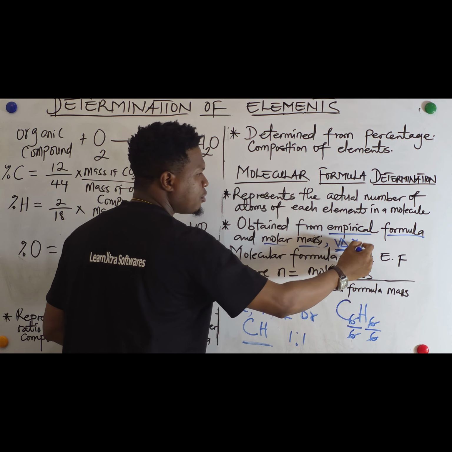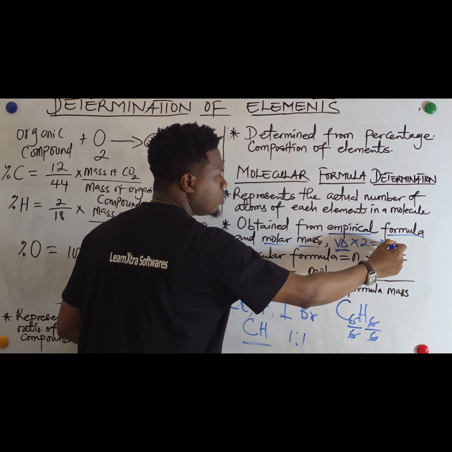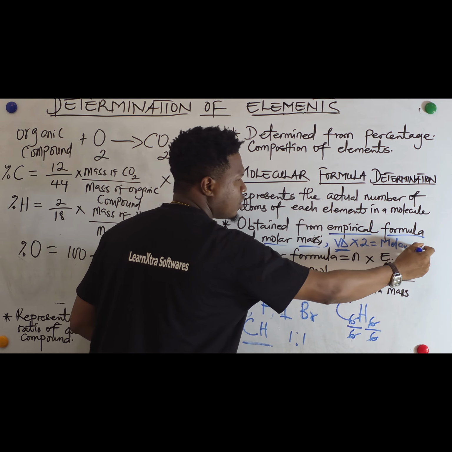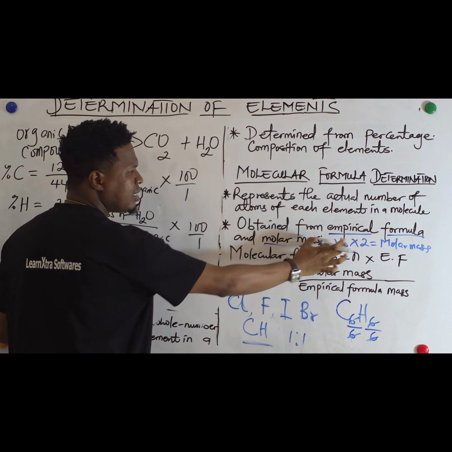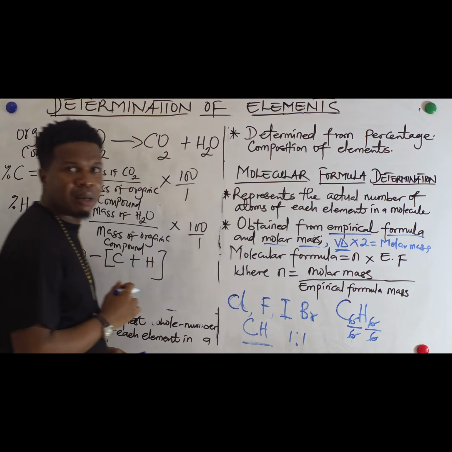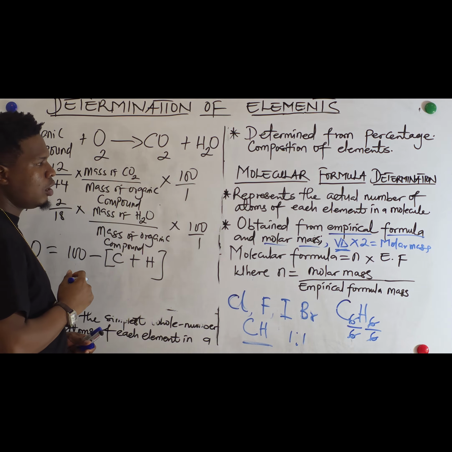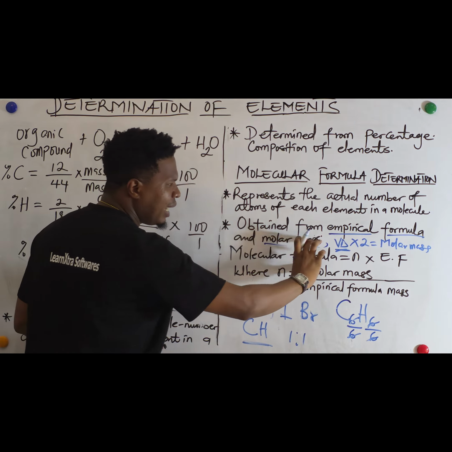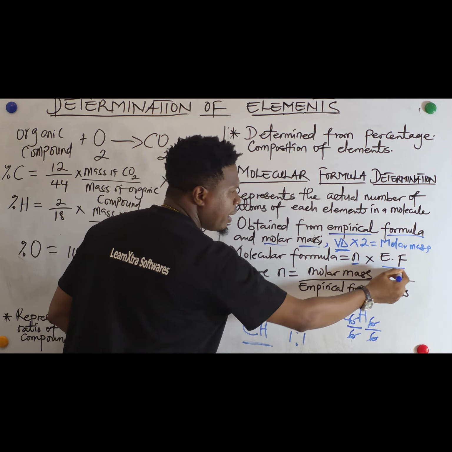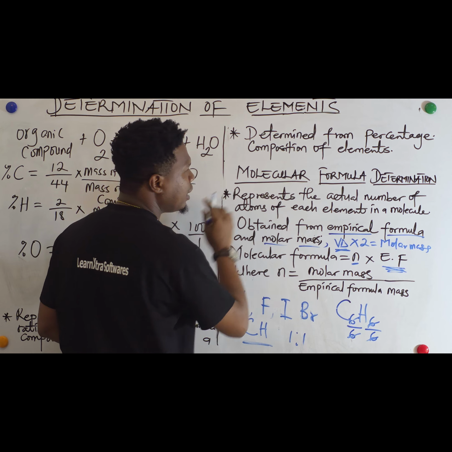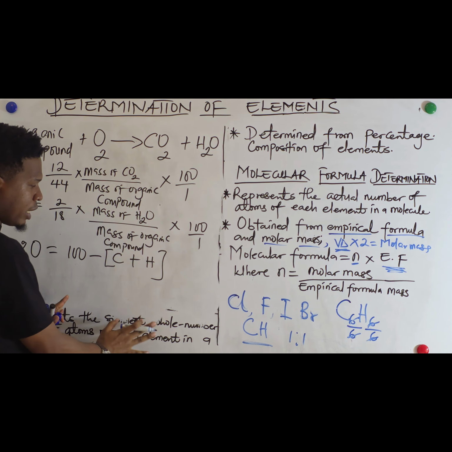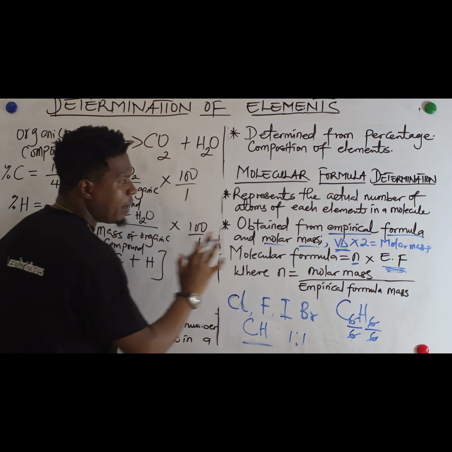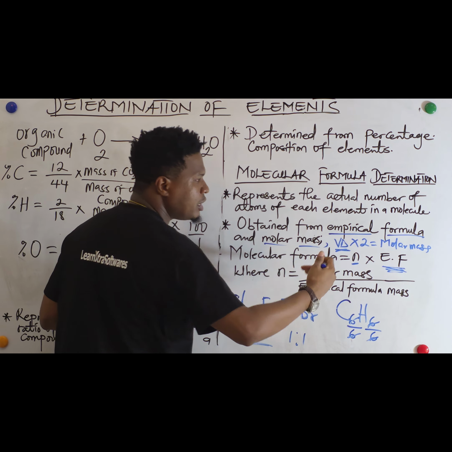Vapor density times 2 is equal to molar mass. Take note of this. The molecular formula is n times the empirical formula, where n is the repeating unit.